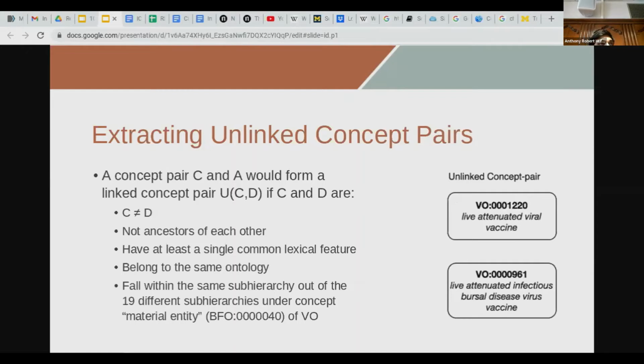Unlinked concept pairs were a little bit less straightforward. They need to fulfill a few additional requirements as opposed to the linked pairs. First, the concepts should not be equal to each other, because we found certain duplicate concepts in the vaccine ontology.